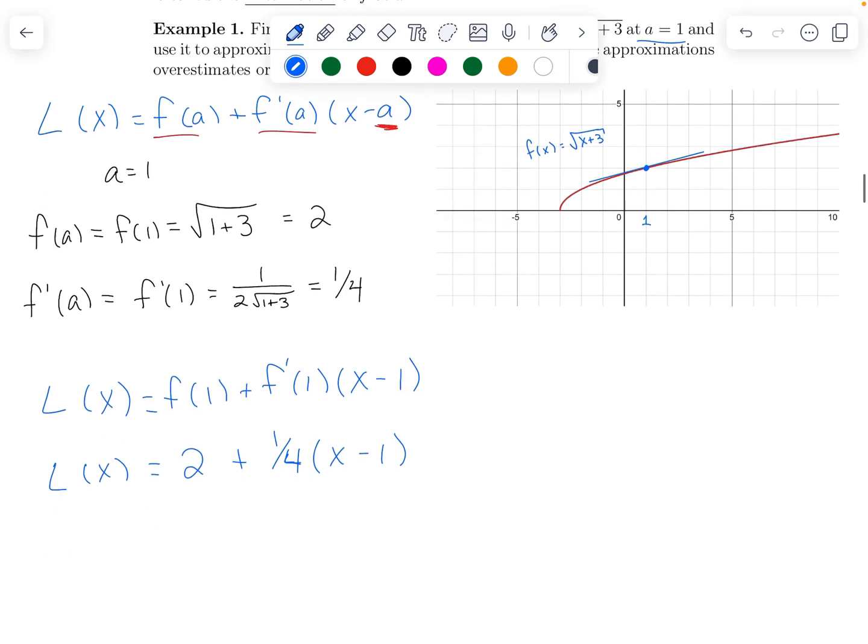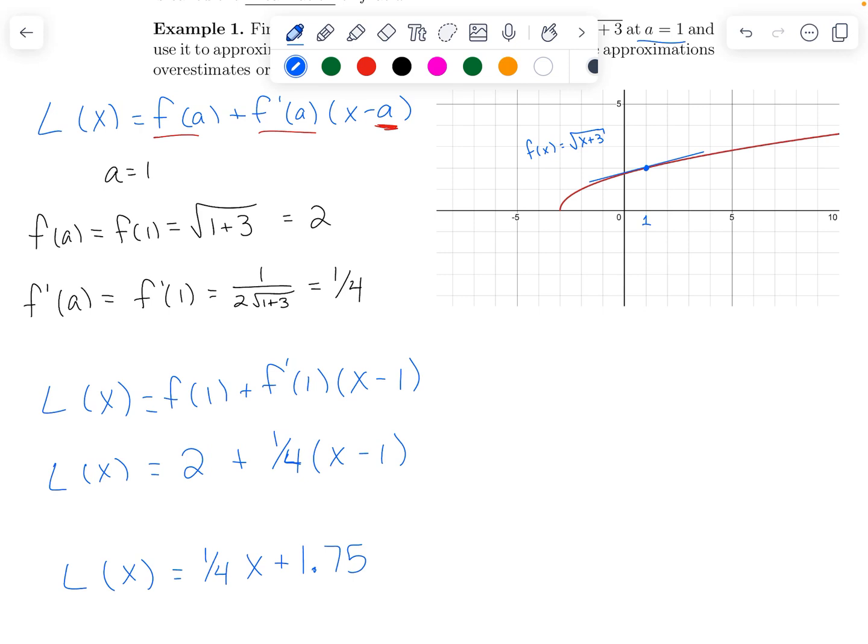And if I simplify this function, our linearization is going to be 1/4 x plus, not 2, sorry, 1.75, or 1 3/4. So if we distribute 1/4 x minus 1/4, 2 minus 1/4 is 1 3/4. So our function is 1/4 x plus 1.75.